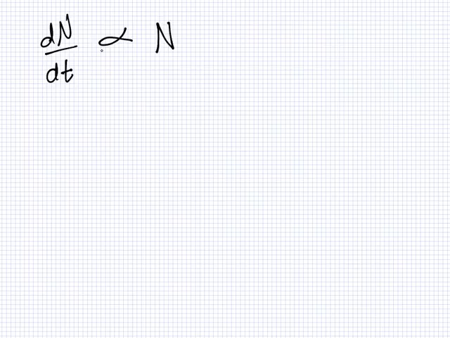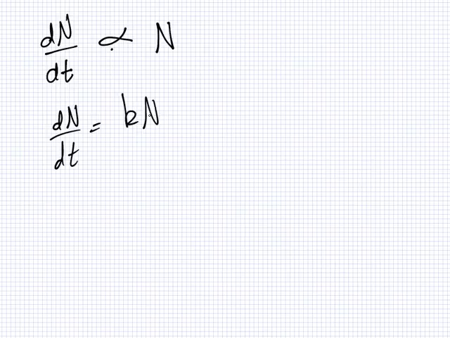Now, how can I remove the proportional? I can get dN dt equals kN. This is the answer for part A. What did they ask for in part A? Find the ODE. By the way, this should look familiar, like you've seen it in physics?